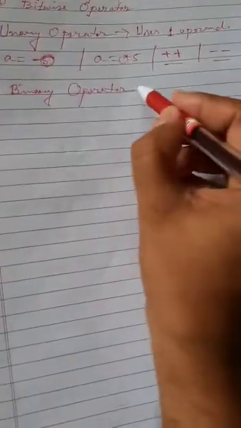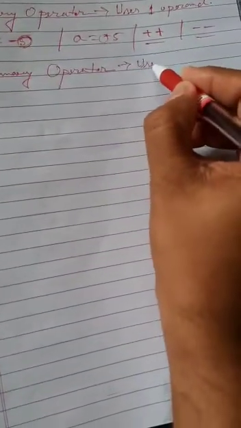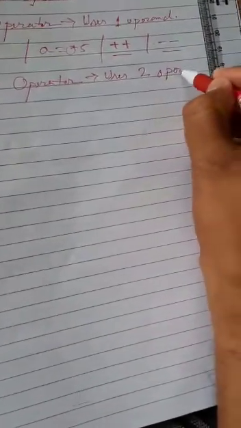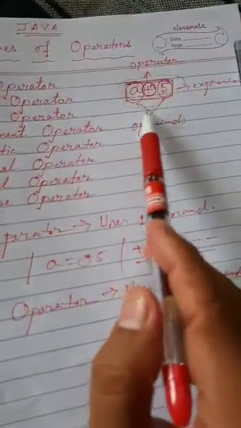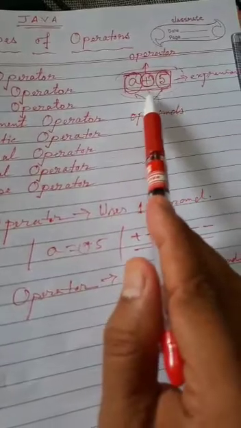Now next is the binary operator. Just the opposite of the unary operator is the binary operator. It uses 2 operands. As a unary operator uses 1 operand, binary operators use 2 operands. One example I gave: a plus 5.